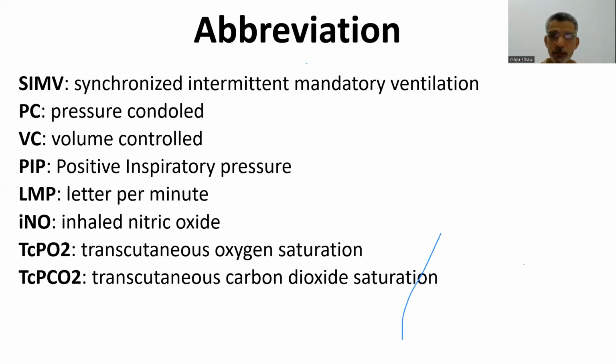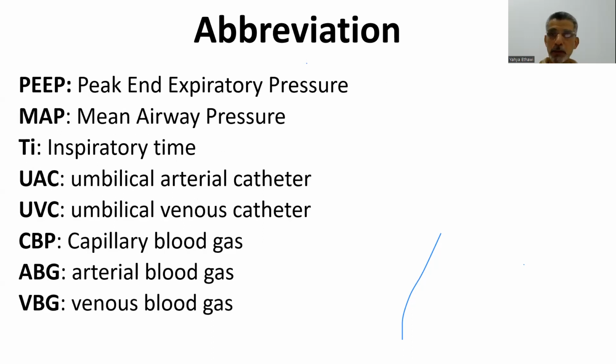TcPO2 is transcutaneous oxygen, and then we'll learn later what TcPO2 is. TcPCO2 is the same as TcPO2, but for carbon dioxide. PEEP is positive end expiratory pressure, the pressure that we give to the baby during exhalation. Mean airway pressure, we'll learn. Inspiratory time is the duration of PIP. UAC is umbilical arterial catheter.